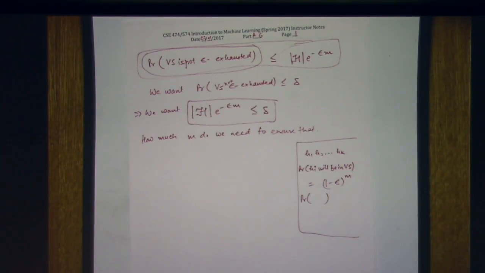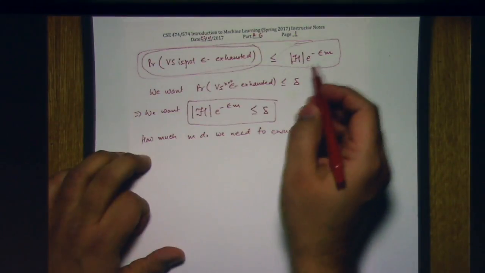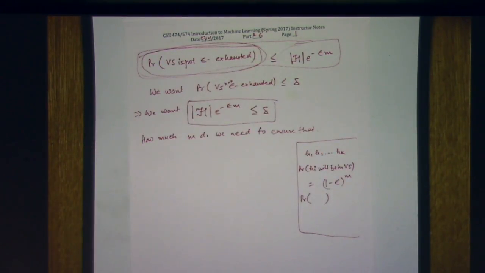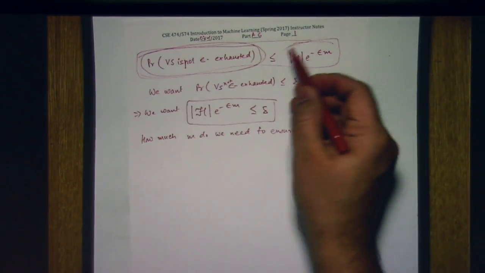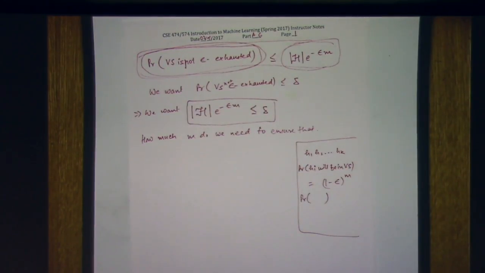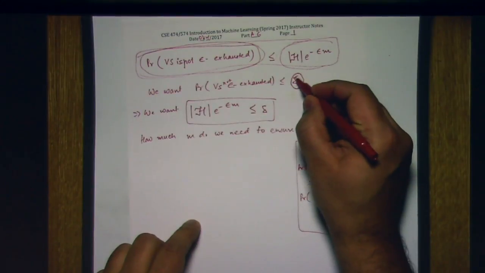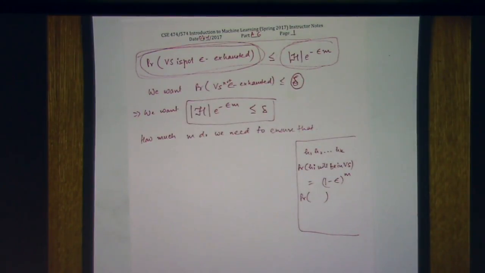Right. It's not coming from this. What I'm saying is that this is the probability that you could make a mistake, right? And this is bounded by this, that it will be less than or equal to this whole value. Now, what we want to do is find the delta that bounds this probability itself.